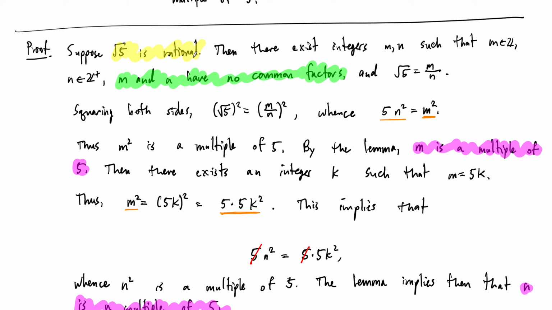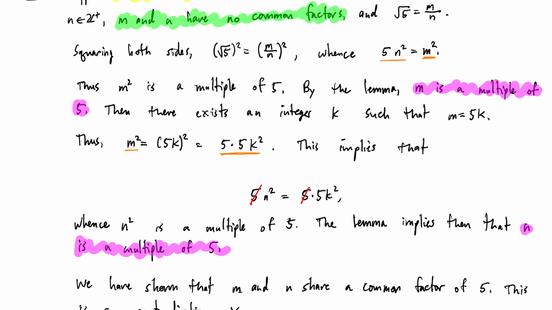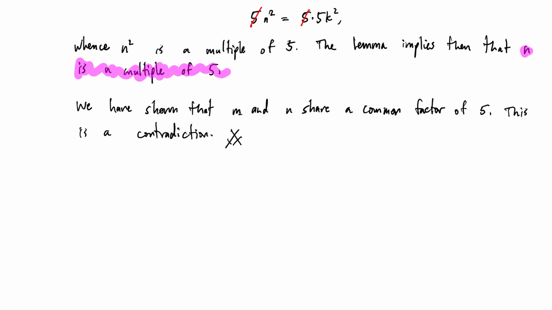And so if this is false, then that means that its negation is true. And so now we may conclude that the square root of 5 must be irrational. So we conclude that this number, the square root of 5, is irrational, because that false assumption is what led to this contradiction.